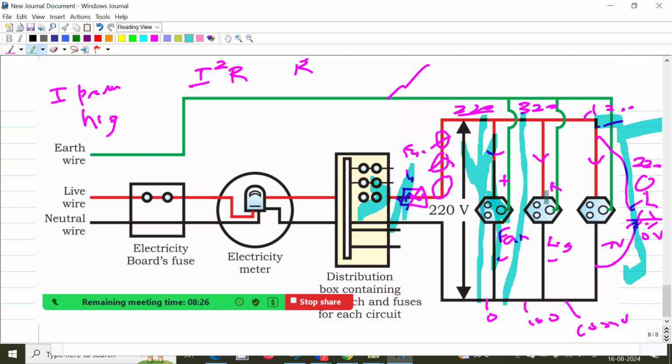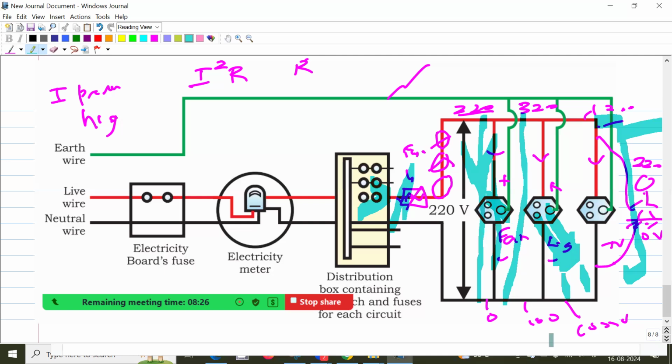For example, this is connected to an iron box, and something has gone wrong inside it. The iron box is connected across these two. In a normally working iron box there is some resistance between these two, but if something has gone wrong and there is a short in this device, that gives a zero resistance path, which is basically a short circuit.